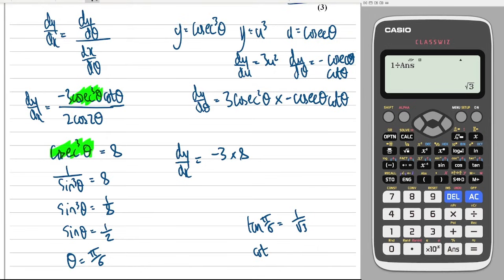So therefore cot of pi over 6 is equal to root 3. So I'll times that by root 3. And then all over 2 times by, and cosine of pi over 6 times 2 is cosine of pi over 3, which is 1/2. So I'm going to end up with minus 24 root 3.